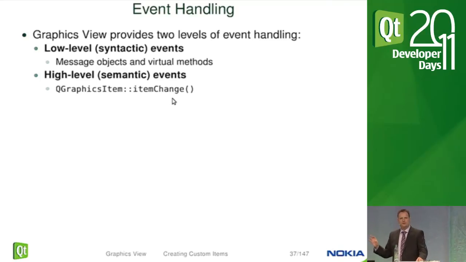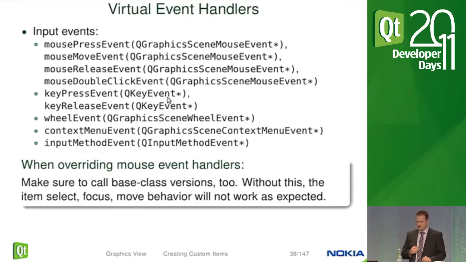We'll now talk about event handling in QGraphicsView for the QGraphicsItems. There are 2 different levels of event handling. We have a low level, which you might know exactly from the widget world, where you can get notified about mouse press events and mouse release and so on. And we have a higher level where there is a method called itemChange, which will be called on us with semantic changes. We'll see that in the next few slides.